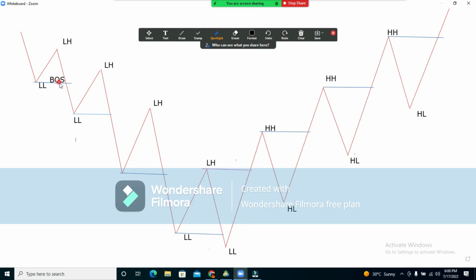BOS is break of structure. Or you can say BMS, break of market structure, or break of structure. Everybody can call it the way they want. But I just want to show you how to know that okay, the market is turning now, it's going up, so you should leave your sell and be buying now.